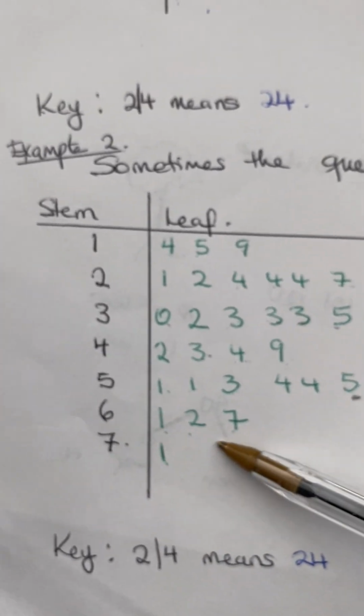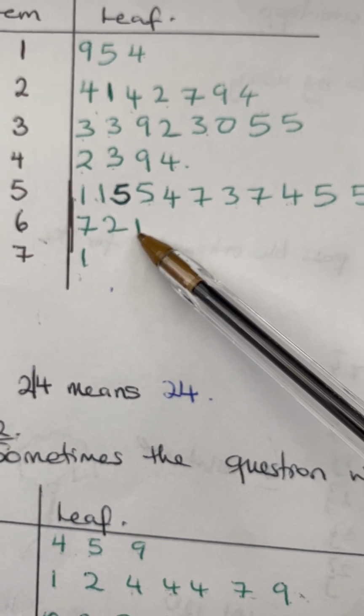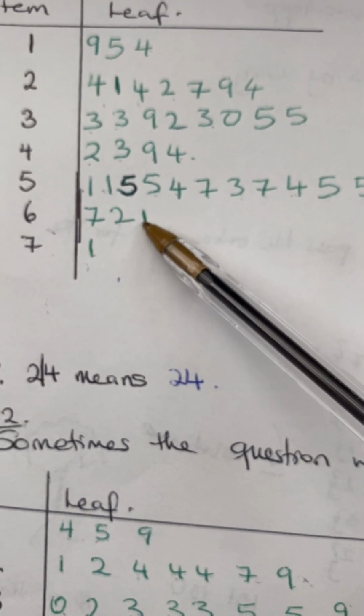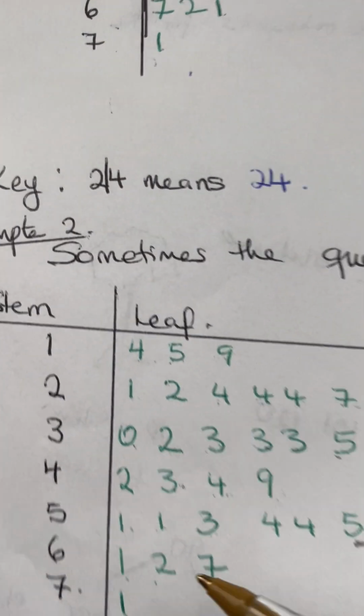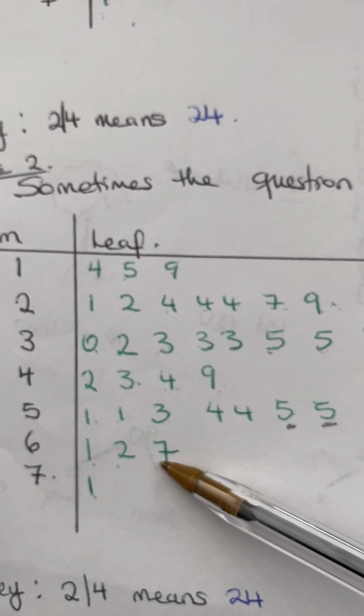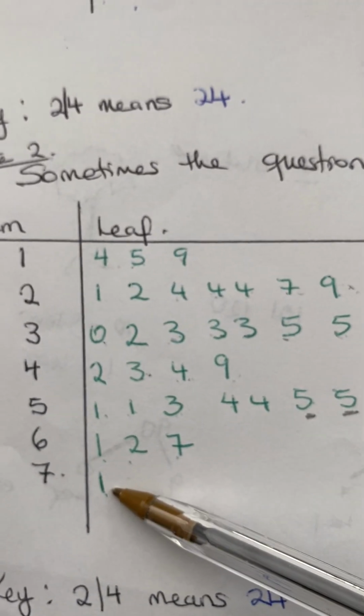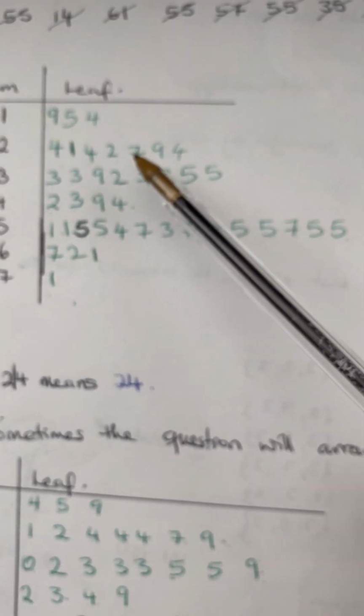Now in the 60th column, here I have 7, 2, 1. So from the lowest to the highest, I have 1, 2, 7. And then the last one is 71, which is 1. So now I've rearranged my data.